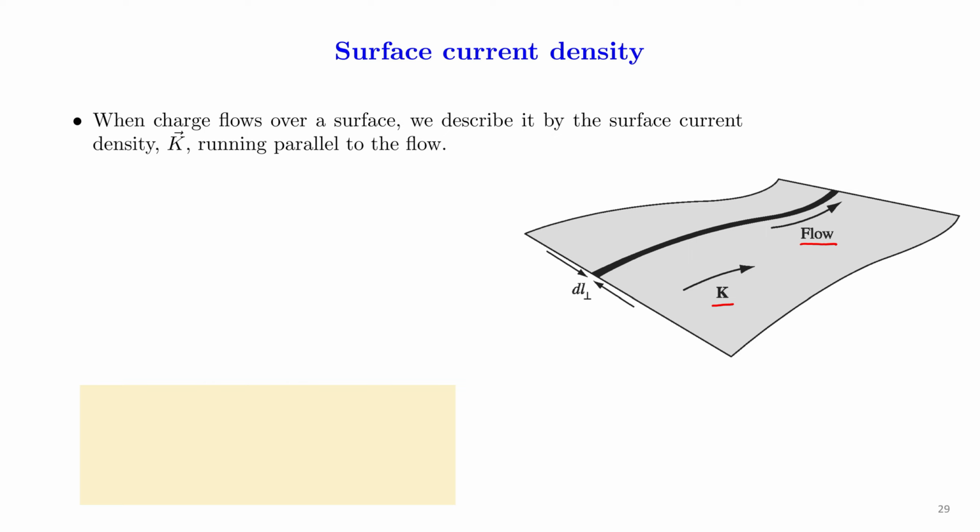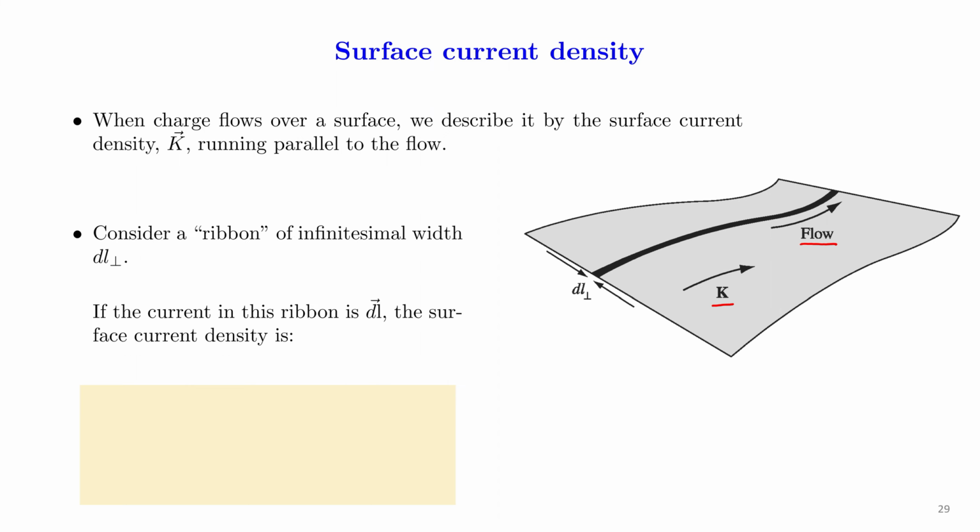For that, we will choose a ribbon of infinitesimal width dl perpendicular. What you see in black on the surface is a ribbon of infinitesimal width dl perpendicular. If the current in this ribbon is dI, the surface current density is defined to be K equal to dI over dl perpendicular.